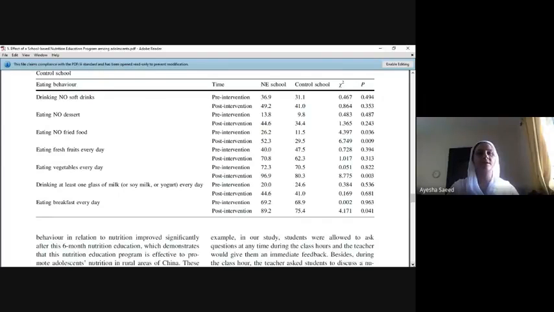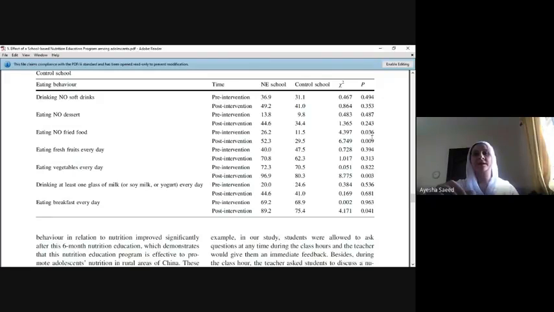Eating fresh fruits every day, eating vegetables every day, drinking at least 1 glass of milk every day, and eating breakfast every day. 4 practices were good. If we have a look at the p-values, we will see that there were no significant differences regarding these practices.